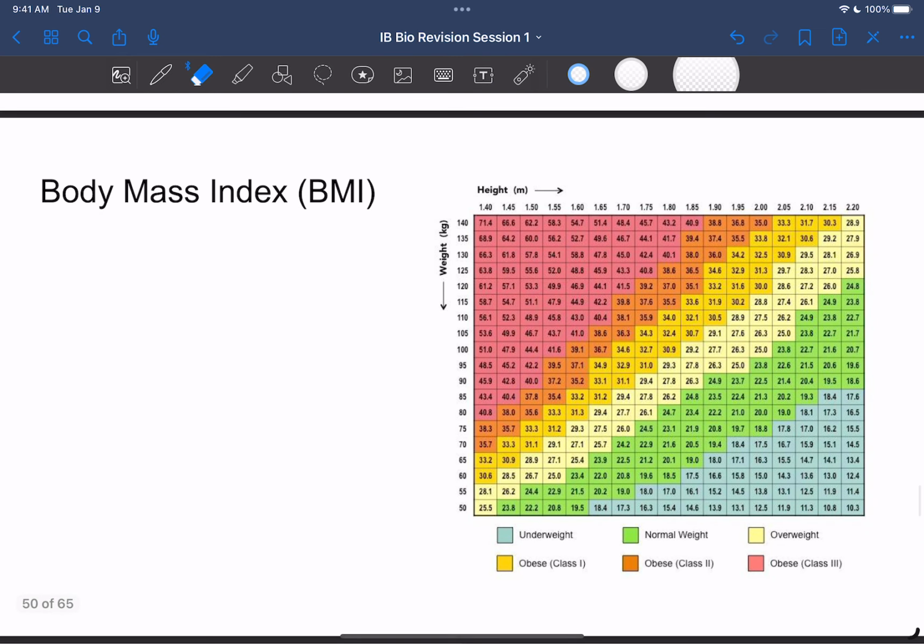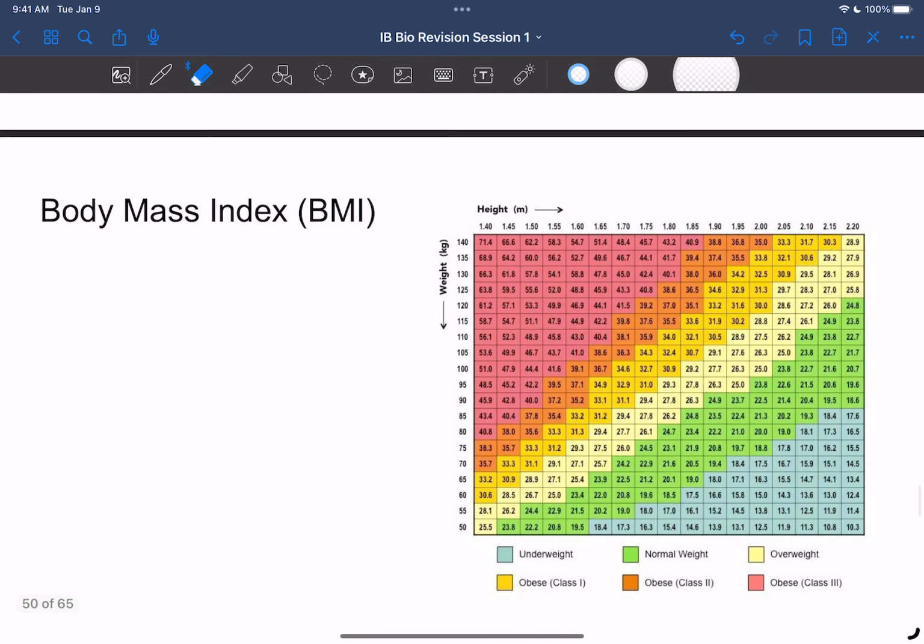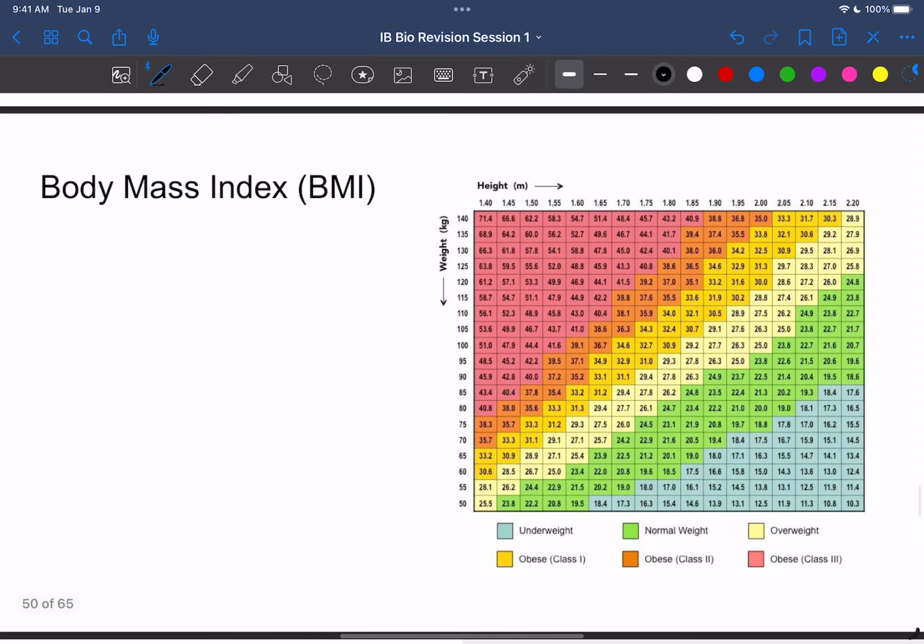Okay, last main thing. Body mass index. This is a very controversial way of determining the health of an individual based on their weight. But you do have to know this for the course.